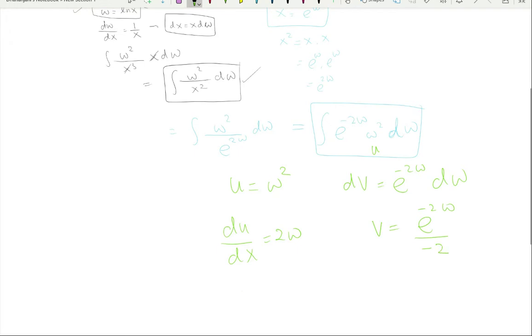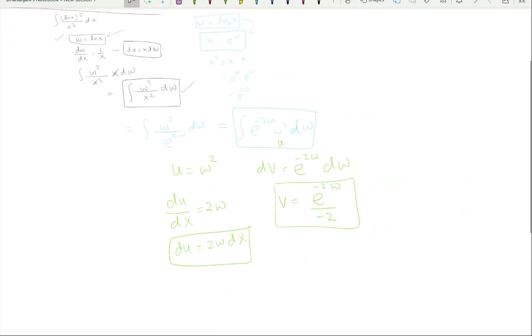So let's use the formula. Well, du here is 2w dw. Okay, after this problem you're going to hate me. Let's say it's fun. Okay, so uv minus integral v du.